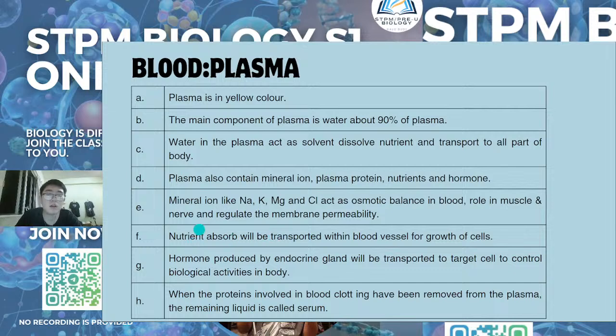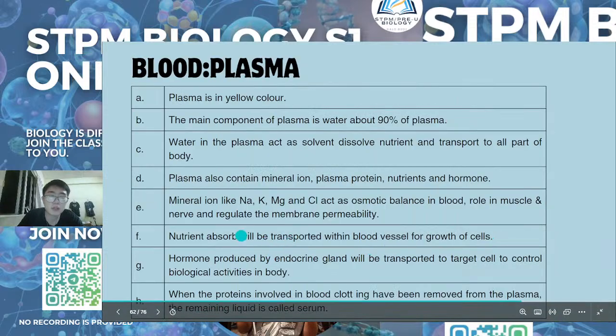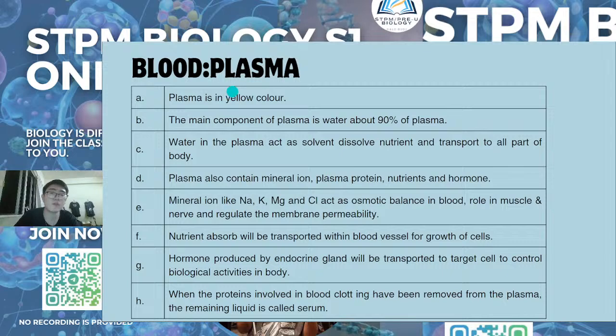And for nutrients, the nutrients that are hydrolyzed and can be dissolved in water, like vitamin C and vitamin B, all these can be dissolved in water. Why? So they can be transported within the plasma.